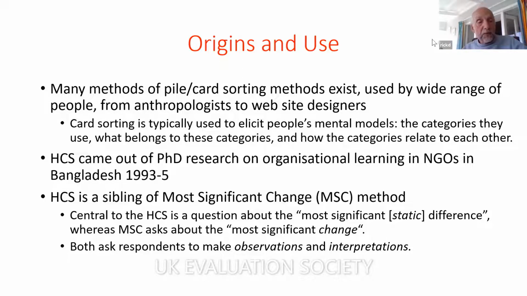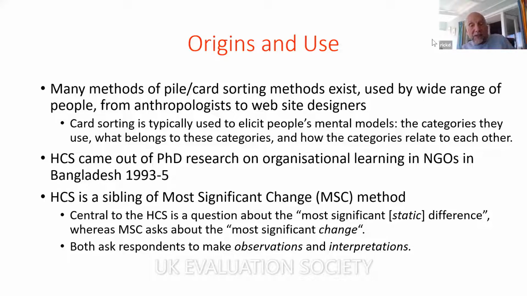Hierarchical card sorting is what I would call a sibling of the most significant change method, which some of you might have heard about. Central to the method of a hierarchical card sorting inquiry is a question about the most significant difference, a static difference between things, whereas most significant change asks about the most significant change.